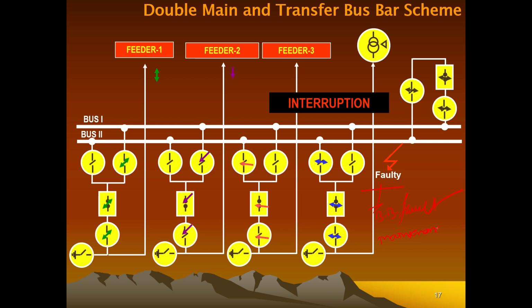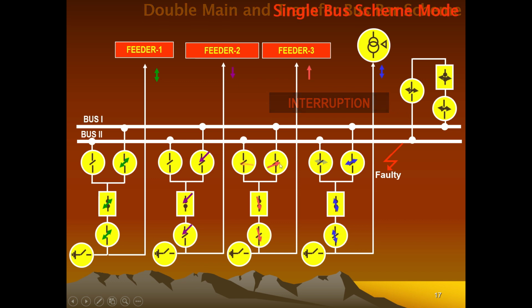So if you are taking this bus bar out of service for some maintenance work, in that case you can have continuity of supply by shifting these two feeders to the first bus, and that's why now we have shifted these two feeders to the first bus, and power is maintained through feeder 1, feeder 2, feeder 3 and feeder 4 from bus 1 only. The bus coupler is in tripped condition and your bus 2 is faulty or under maintenance work.